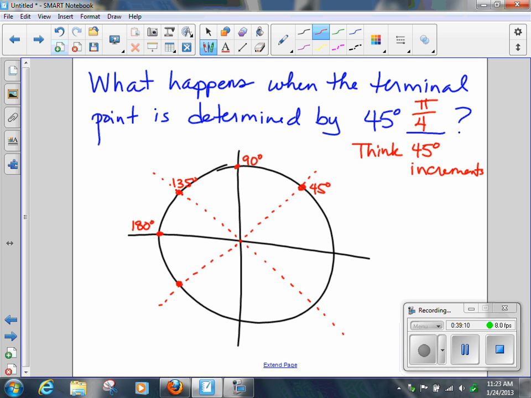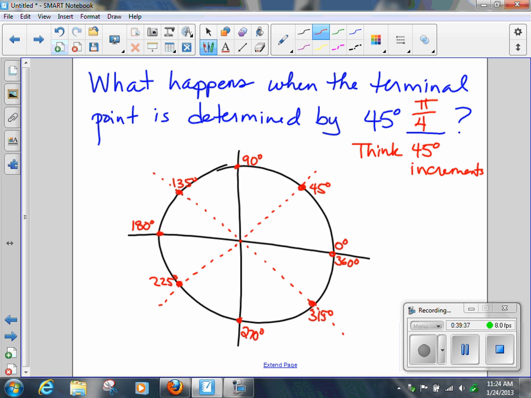What's the next one? 225. 270 doesn't change, does it? But it's an increment of 45. What's this one? 315. And 315 plus 45 is 360, right? And I should have put a 0 up there. Now that's thinking in terms of degrees.